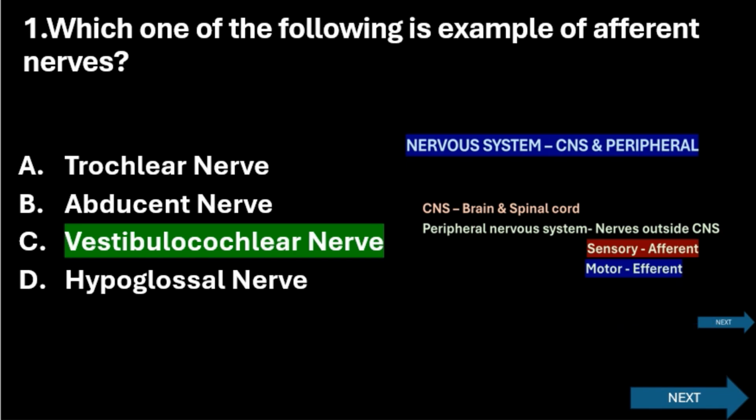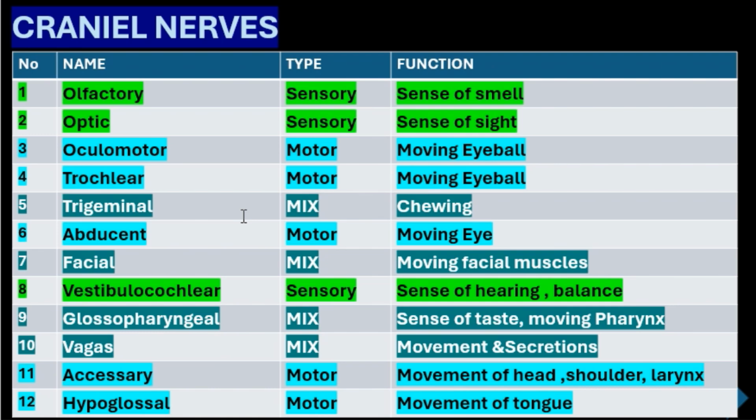Now you have to remember the chart of cranial nerves. There are 12 cranial nerves which are arranged in color codes for identifying which is sensory, which is motor, and which is mixed. Here you can see the green color for the sensory nerves, which are olfactory, optic, and vestibulocochlear. Blue is for the motor nerves: oculomotor, trochlear, abducent, accessory, and hypoglossal.